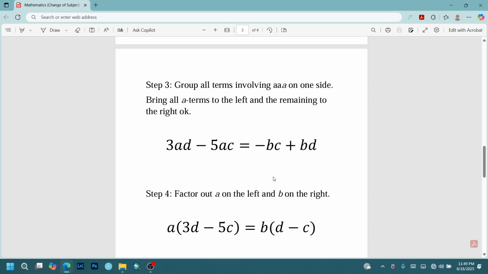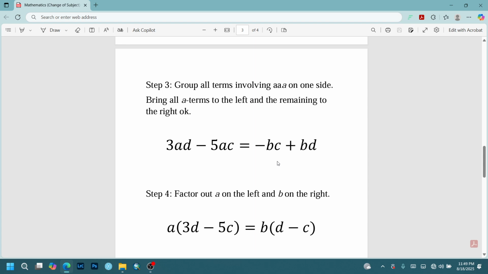That number is a positive D. Positive B multiplying positive D will give us positive BD, and positive B multiplying negative C will give us negative BC.